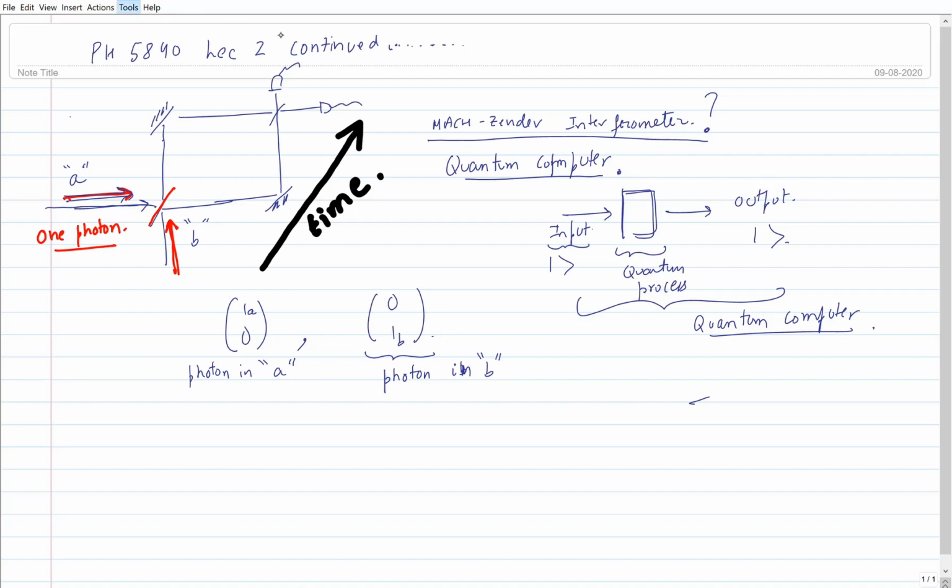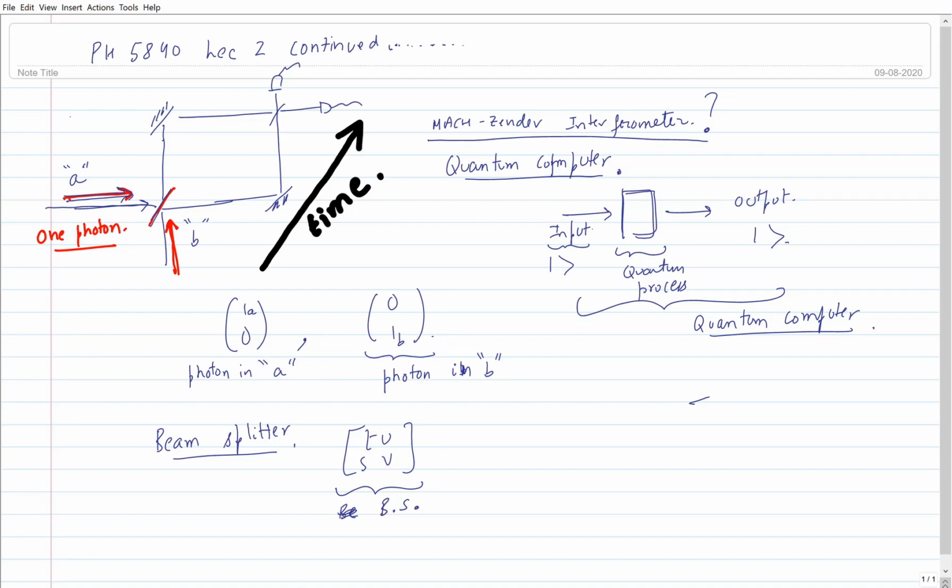I have a beam splitter, and as you know from the postulates of quantum mechanics, the evolution of a quantum state is given by a unitary matrix. So I have a beam splitter, I'll just label it as a matrix. This is the unitary matrix representing the beam splitter. Let me just call it BS.